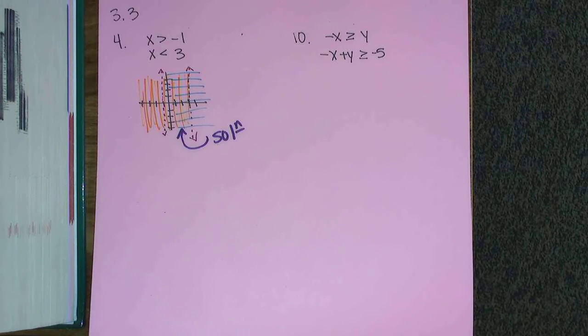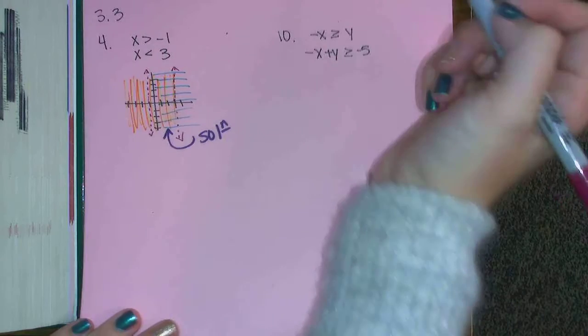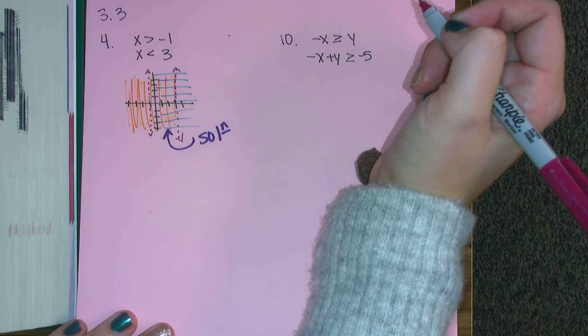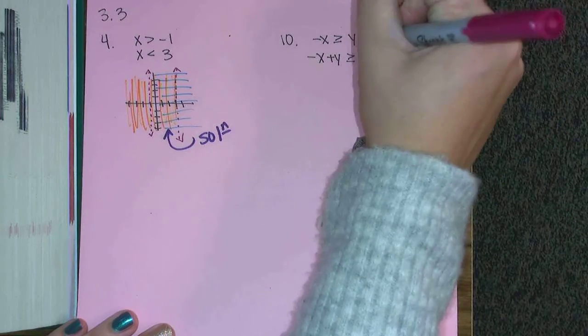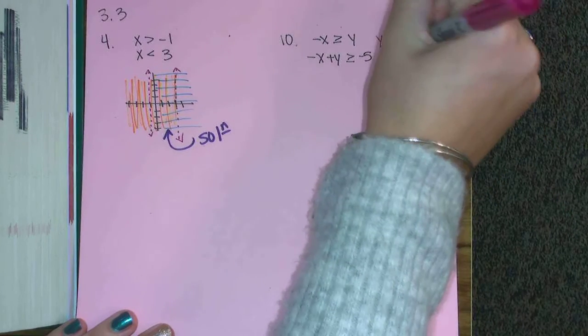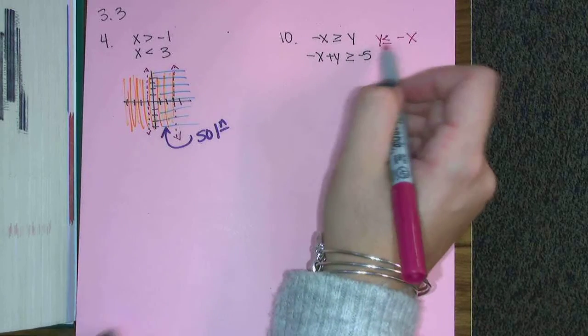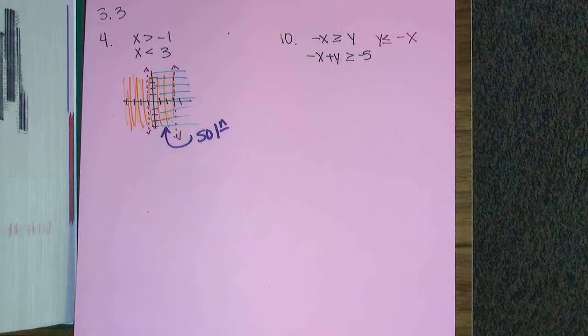Okay, what should I do with this top one to make it less confusing? Yeah, so I'm just going to rewrite it. Y is less than or equal to -x. Okay, I didn't change this sign or anything. I just changed the direction so that I have my y on the left, x on the right, just to make my life a little easier.